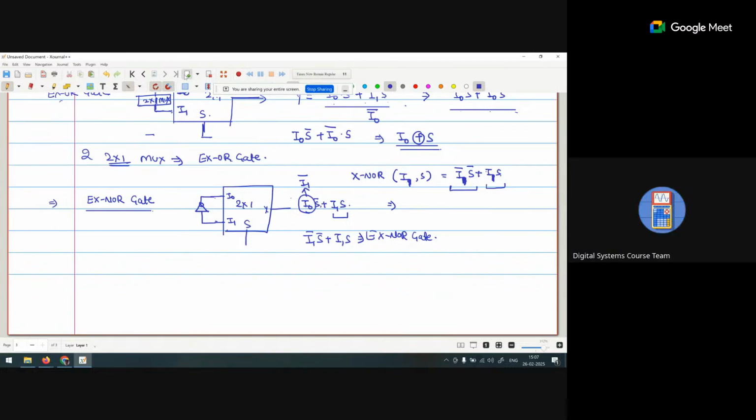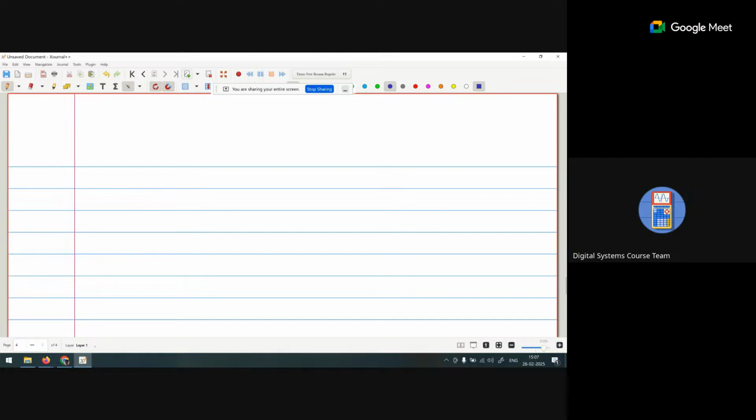Now if I want to create sigma m 0, 2, 3, two inputs are required, so Y of AB is equal to sigma m 2, 3.